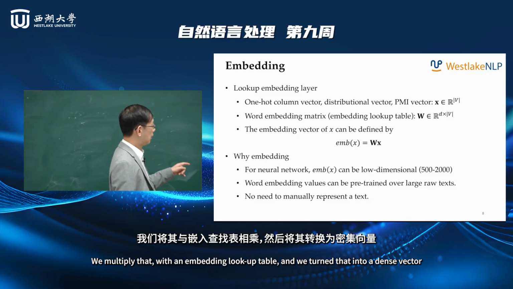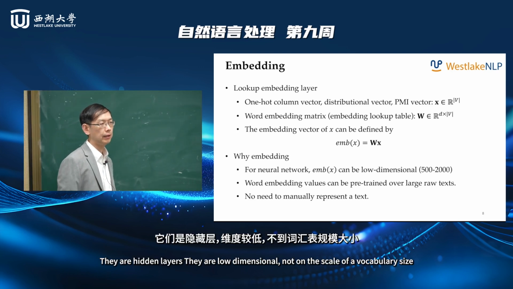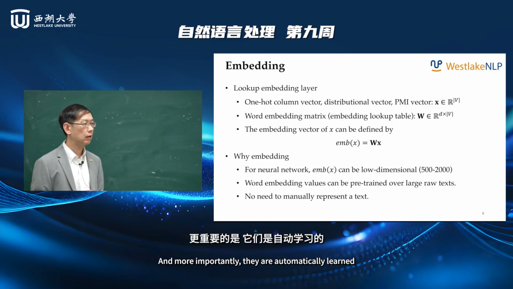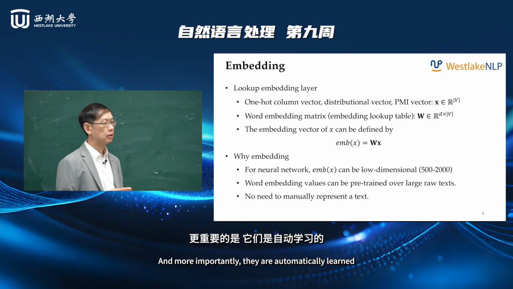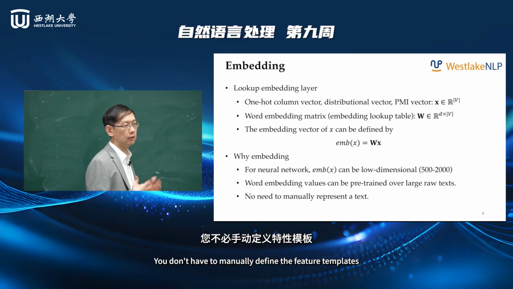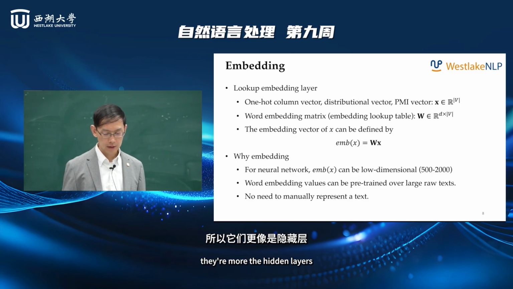So these embeddings are dense, like hidden layers. They are low dimensional, not on the scale of a vocabulary size. And more importantly, they are automatically learned. You don't have to manually define the feature templates. So they're more like the hidden layers.